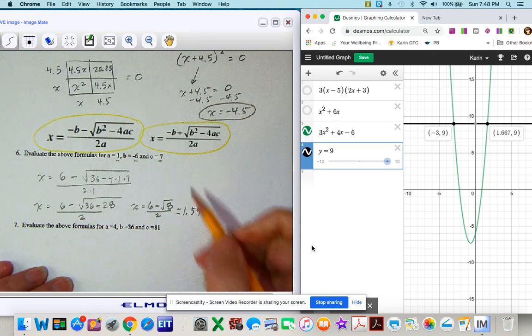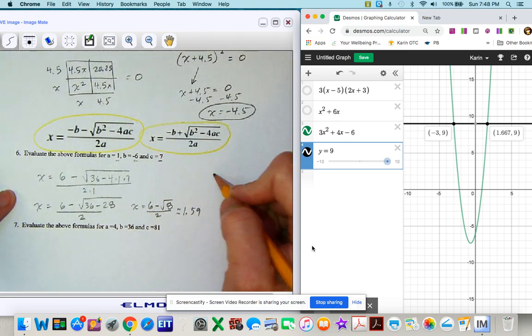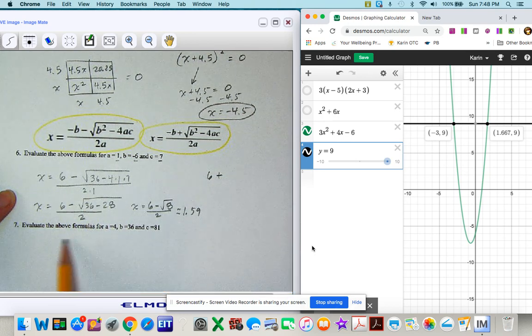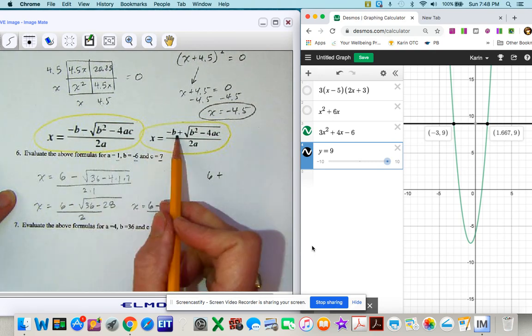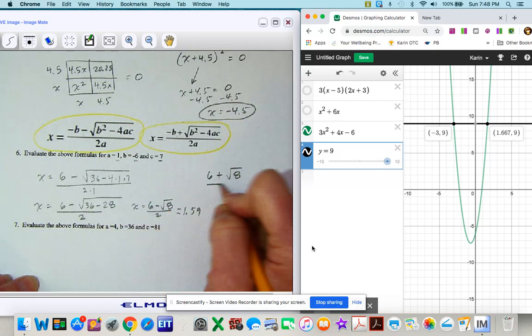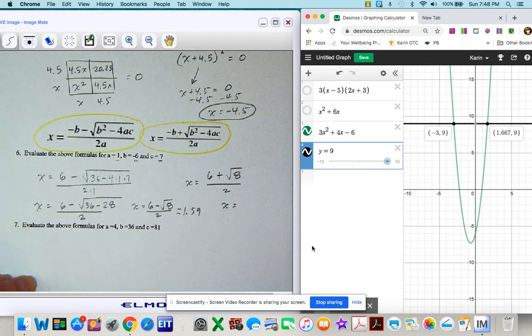All right, so then I'm going to stick it in this one. The opposite of b, so that's +6, and then plus. Basically I'm going to have the same thing here, except instead of a subtraction sign, I've got an addition sign. So 6 plus, it will simplify down to the square root of 8 over 2, x equaling that. I'm going to do that in my calculator also.